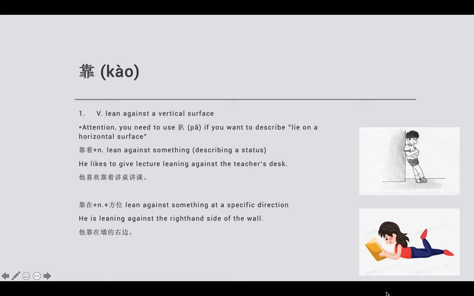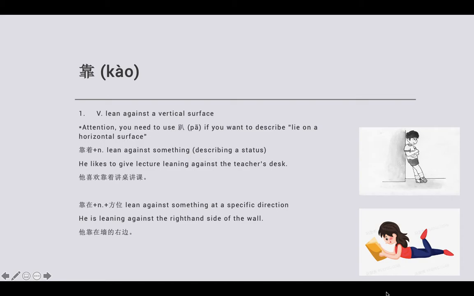But if you want to specify which direction he is leaning on, at a specific direction, you need to use 靠在什么什么东西 plus 方位词, lean against something at a specific direction. For example, he is leaning against the right-hand side of the wall. So here you have a specific direction, it's the right-hand side of the wall.